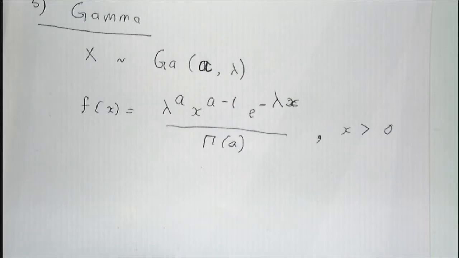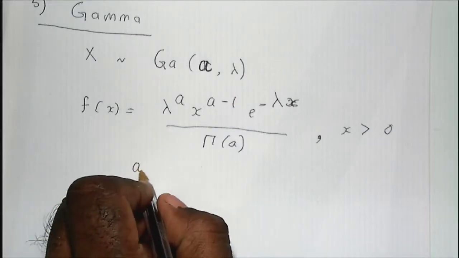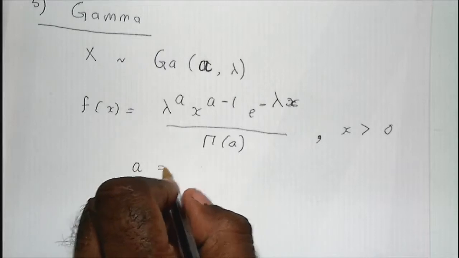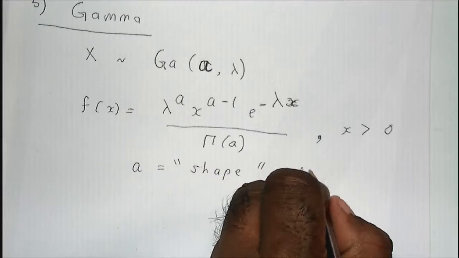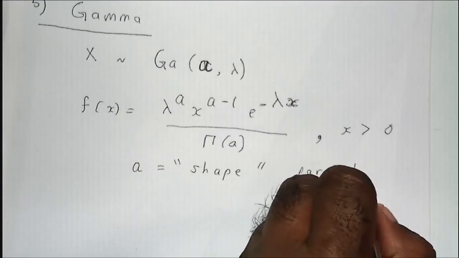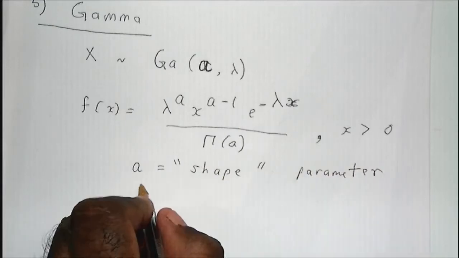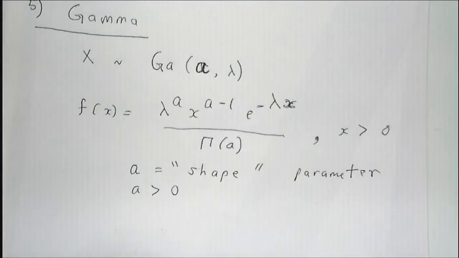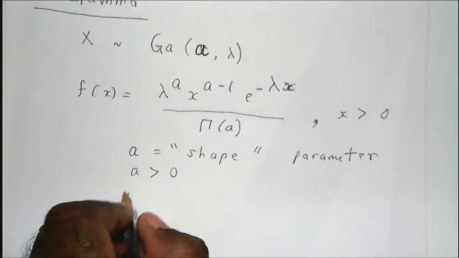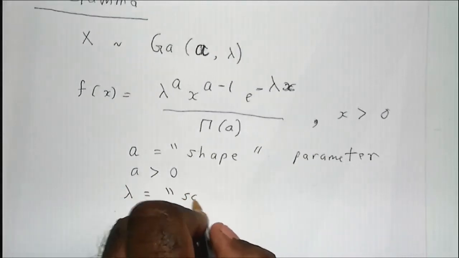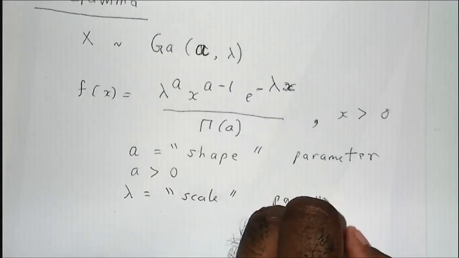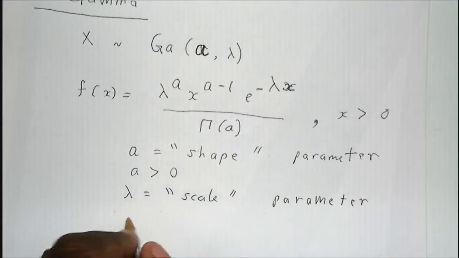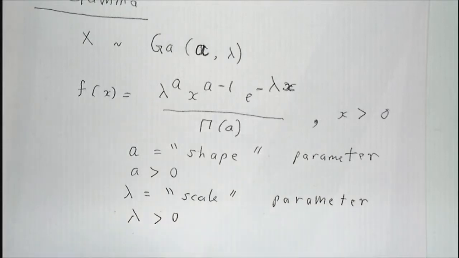Okay. And the parameter A is known as the shape parameter, and it takes values strictly positive, and lambda is known as the scale parameter. It also takes values strictly positive, right?